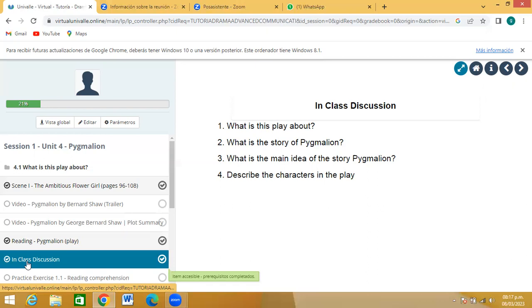Okay. Can you tell me some characters that you could identify while you were reading? Yeah, in that case, we actually read three of them. We have Eliza, who is referred to as the flower girl.